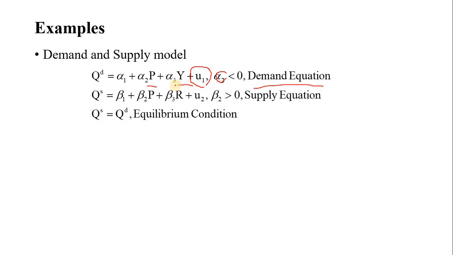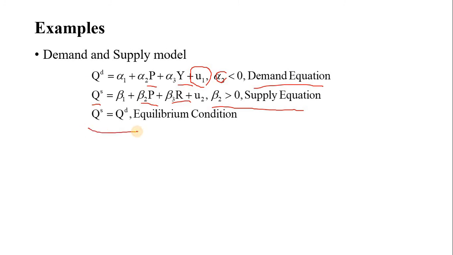The second one is quantity supplied, which depends on price, raw material price and other factors, where the relationship is positive; that is the supply function. So we have two equations here, one is the demand equation and one is the supply equation. Then there is a condition. What's the condition?